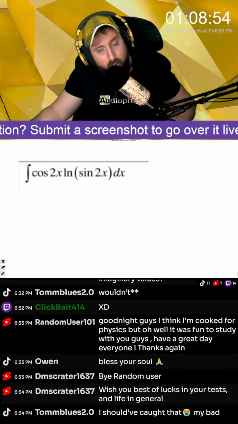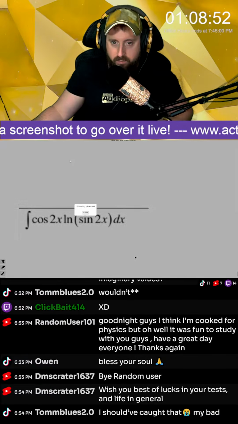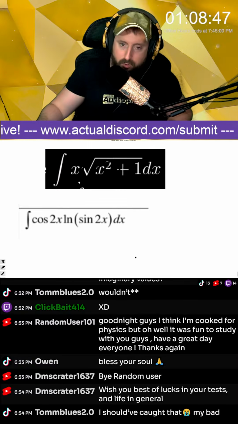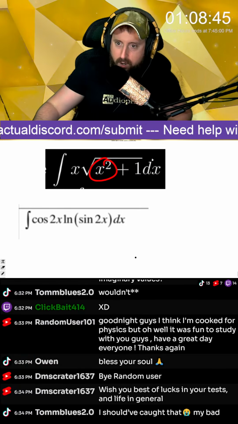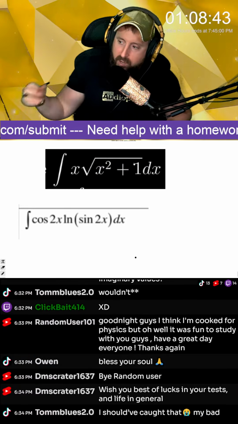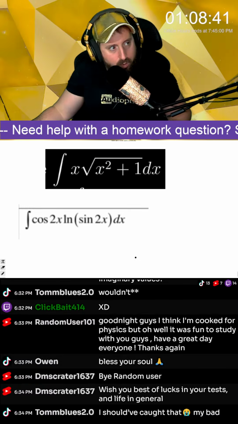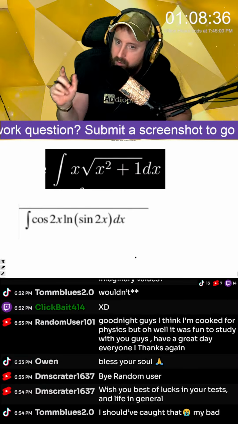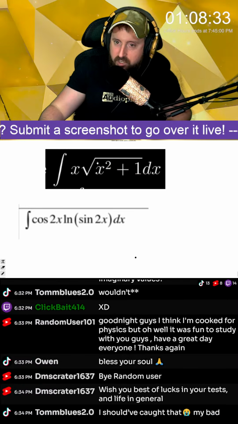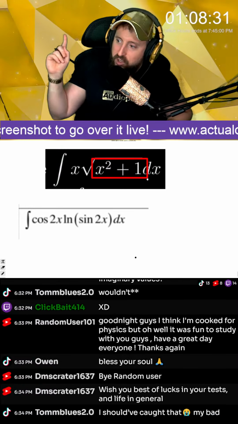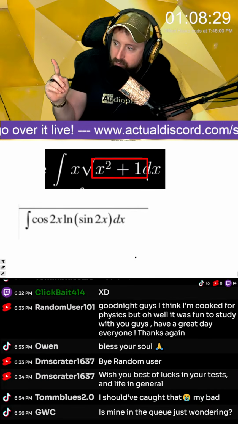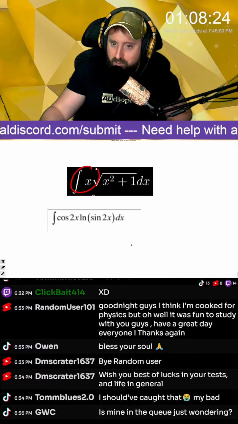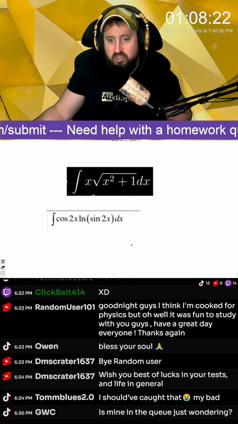I understand why you think it's trig sub, because anytime you see a square root of x squared in this, you usually do a 1 plus tangent squared or a 1 plus secant squared or something. But here's the first thing you should always look for when doing integrals. Try to see if, for whatever nasty part you don't like, the derivative of it shows up somewhere else. In this case, the derivative of x squared plus 1 is 2x, which is basically this thing on the outside.